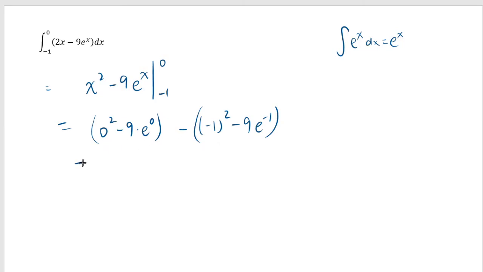Anything to the 0 power is 1, so this just becomes negative 9. This will be 1 minus 9 over e. So you end up with negative 10 plus 9 over e as your answer.